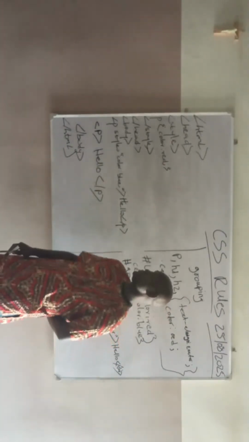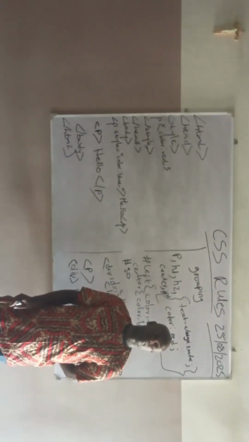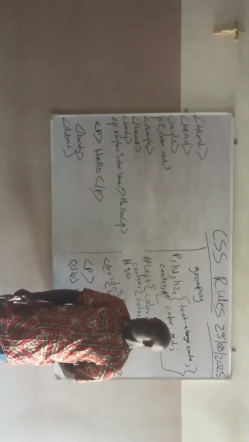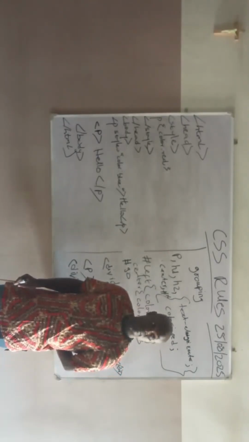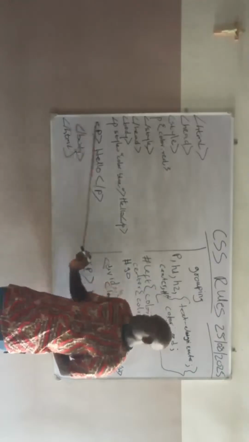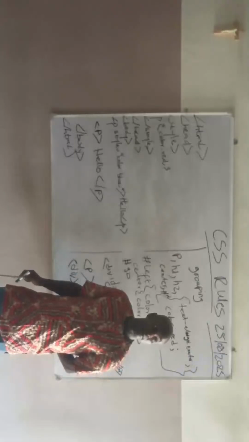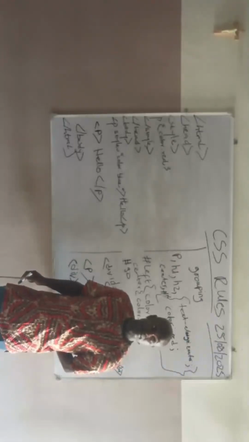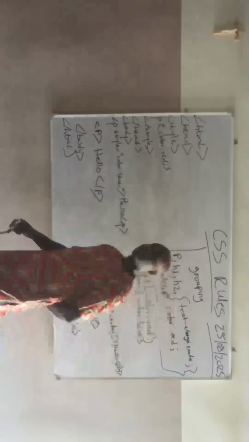What will happen? Which one, declaration? This one will be this one. That's what I want to do. What will happen?